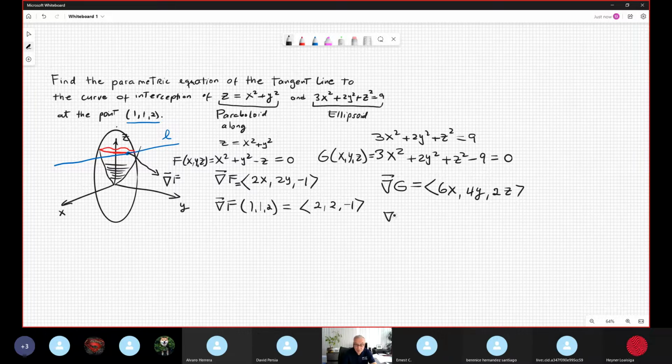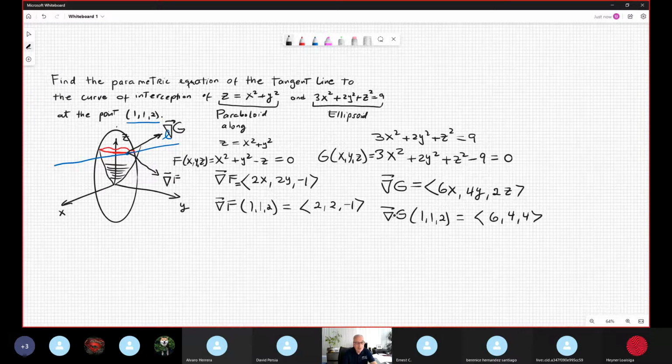And you evaluate at the specific point (1, 1, 2). Then it is (6, 4, 4). Now we have another vector. This vector is perpendicular to the ellipsoid. I suppose it is like that. This is gradient G.